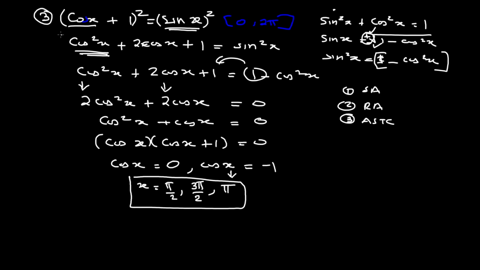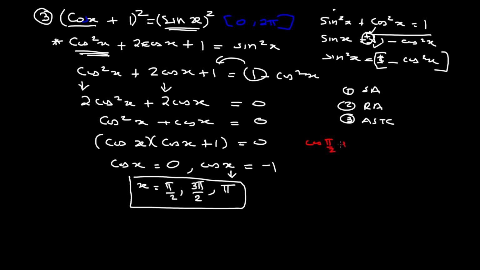But then remember we had squared here. So we could have introduced wrong answers there. So let's check for correctness. So we'll start with cos. Okay, so you just replace these values.